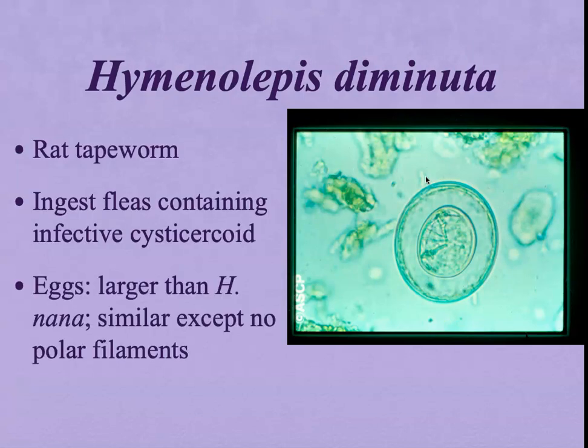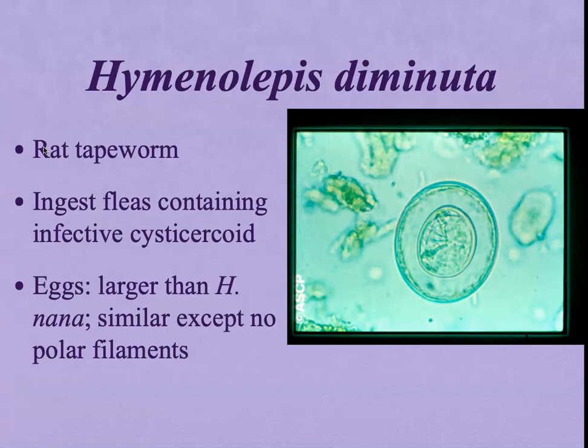Diminuta is rarer than Hymenolepis nana. This is truly a zoonotic infection. This almost always occurs in rats. So this is known as the rat tapeworm. And we're accidental hosts. We are not the normal host for this one. You need an intermediate host for Hymenolepis diminuta, whereas for Hymenolepis nana, an intermediate host was not required.